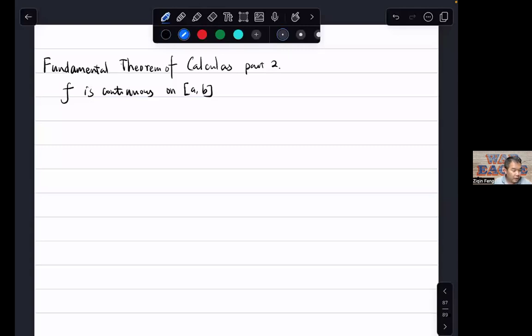So if you have a function f that is continuous, we want to evaluate the integral from a to b, f of x dx. Suppose capital F of x is any antiderivative of f, i.e., F prime is f.